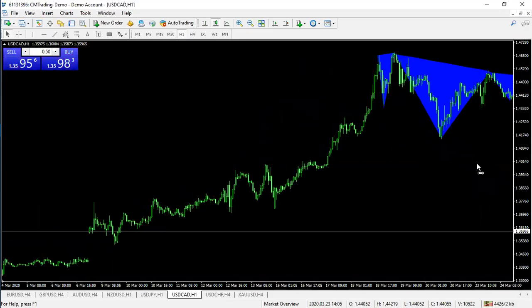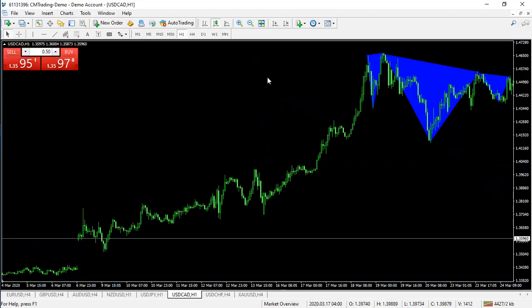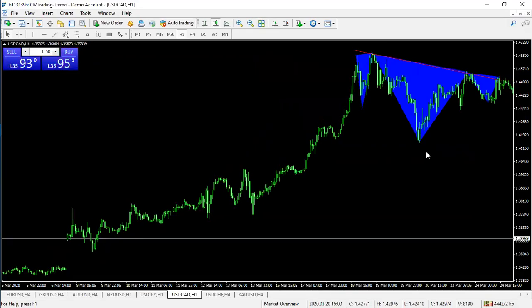What you do in such a case, and the other thing you need to understand about head and shoulders, is that we always have a neckline. The neckline is like the resistance of that head and shoulders. In this case, we always wait for a confirmation, a breakout. So what happened?